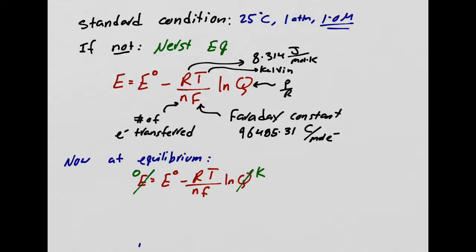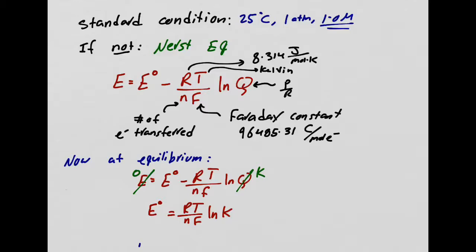So if I rearrange this, what I end up getting is that E cell naught equals RT over NF ln of K if I am at equilibrium. I want you to keep following me, where everything will make sense.